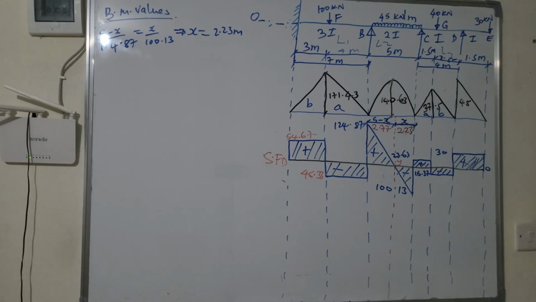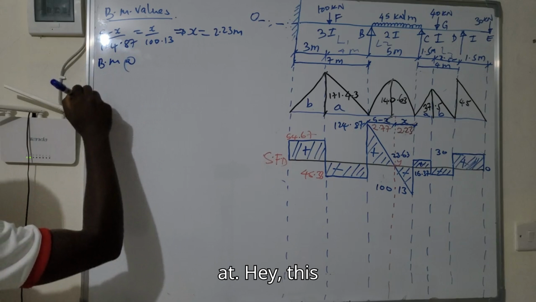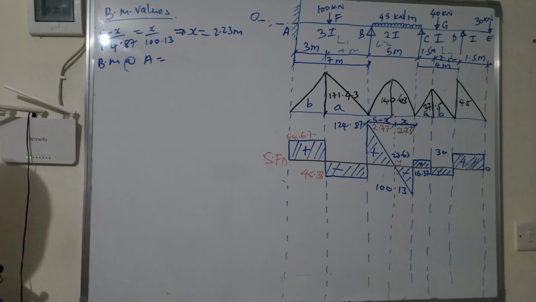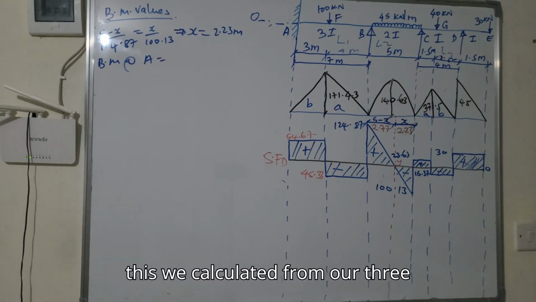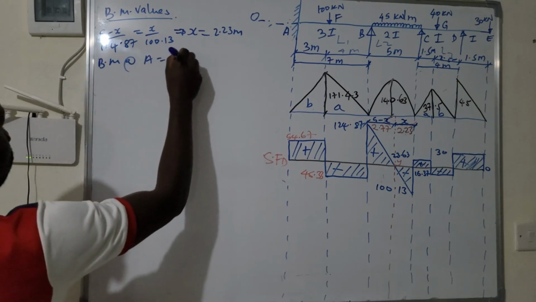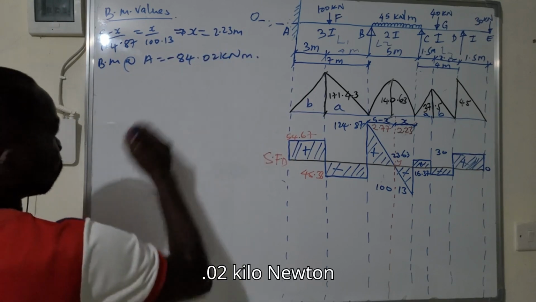So we know that bending moment at A, this was our point A, which we calculated from our three equations, was negative 84.02 kilonewton meter.